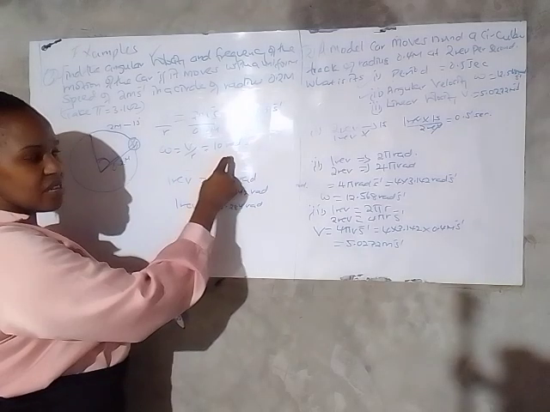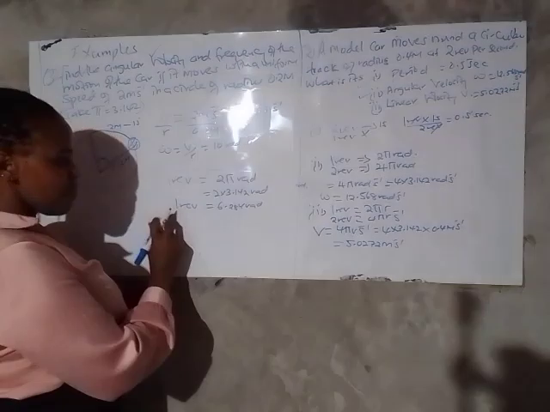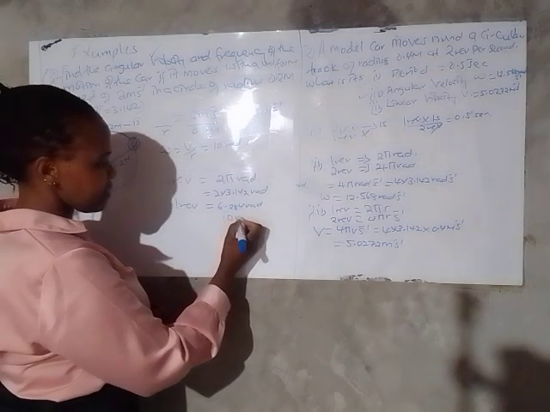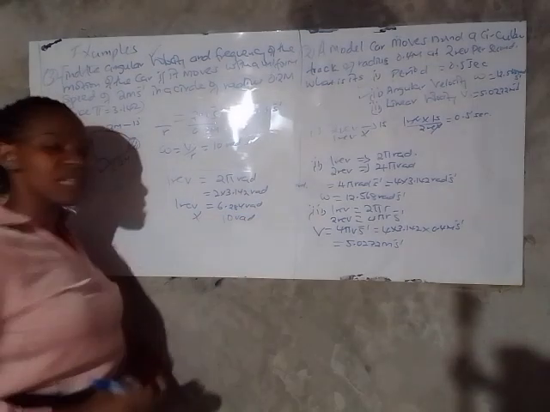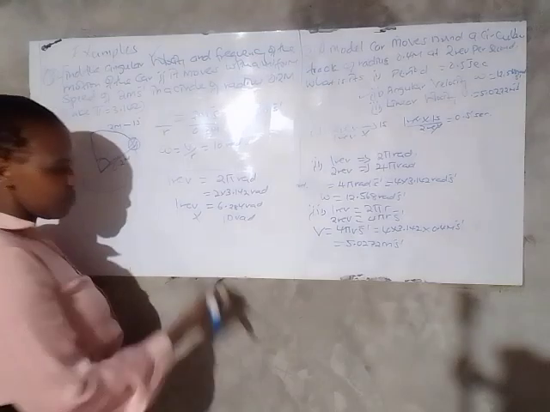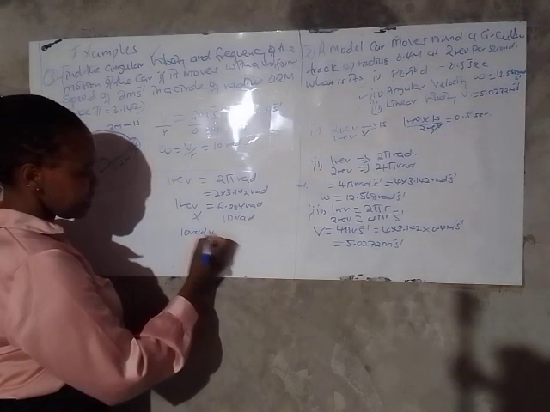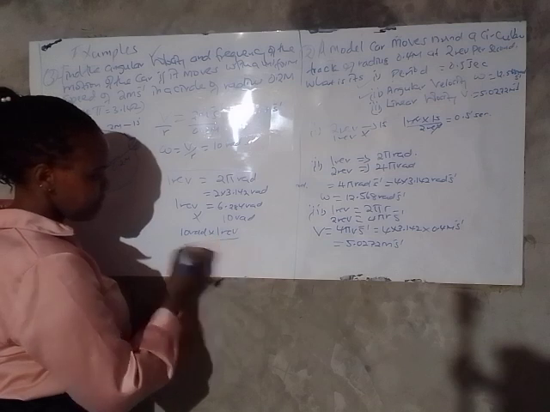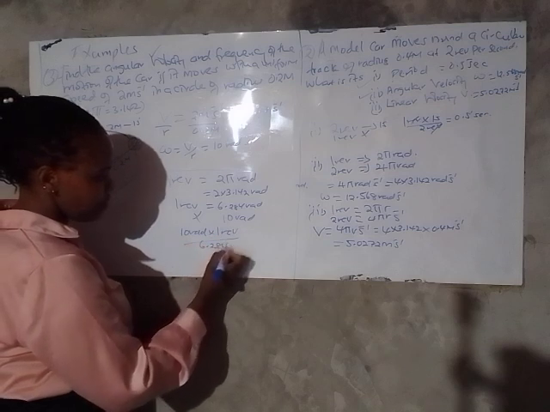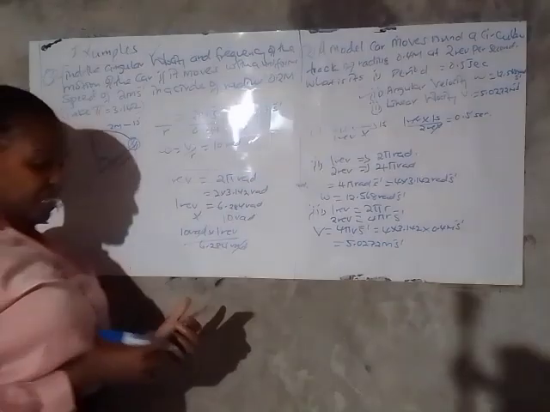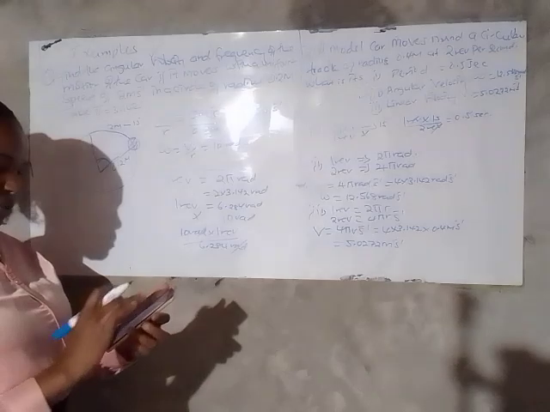So there are 10 radians in 1 second. So if one revolution is 6.284 radians, what about 10 radians? How many revolutions are those? Then we cross multiply. So 10 radians times 1 revolution divided by 6.284 radians gives us the number of revolutions in 1 second. Why? Because the 10 radians are in 1 second.